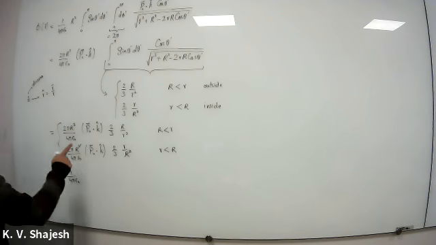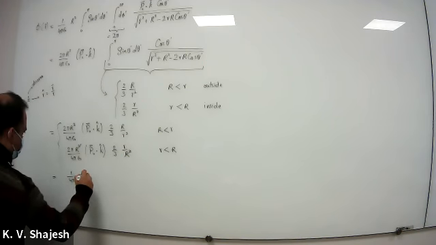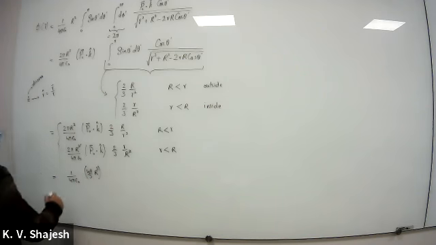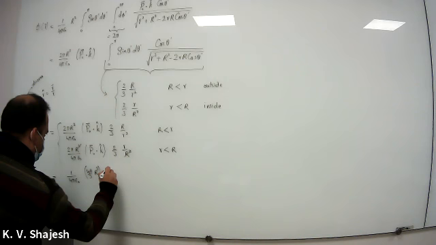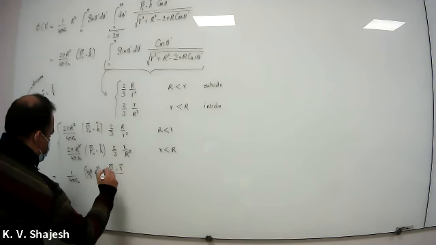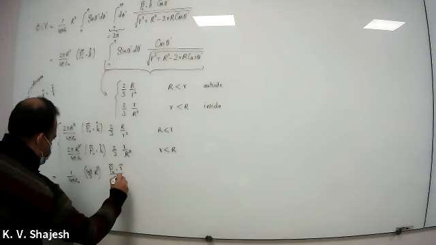So with that, what we have is 4 pi by 3 r cubed, that's your volume of the sphere, times p naught dotted with r over r cubed.